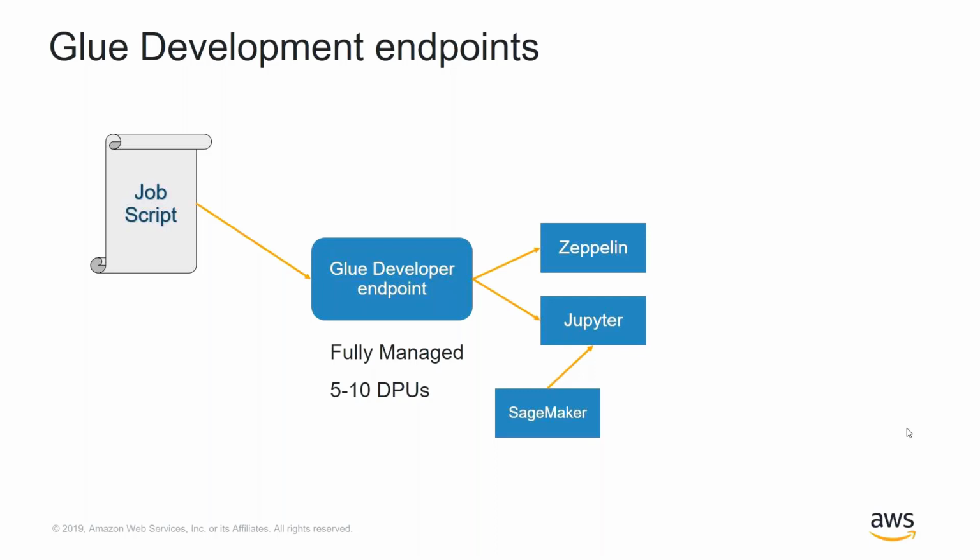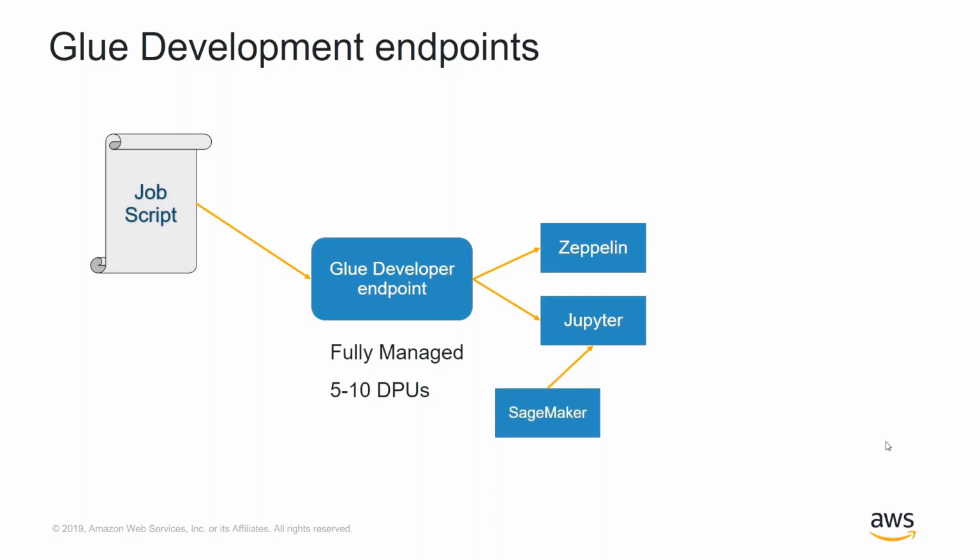So what we have done is, if you want to use the Jupyter notebook, we also give you a SageMaker instance with it. So if you're a data scientist and you want to play with code with, say, TensorFlow or any of the popular ML libraries, and you want to use SageMaker, but you also want to use Spark, you can use a Glue developer endpoint, so you can stay in one ecosystem and write your code.